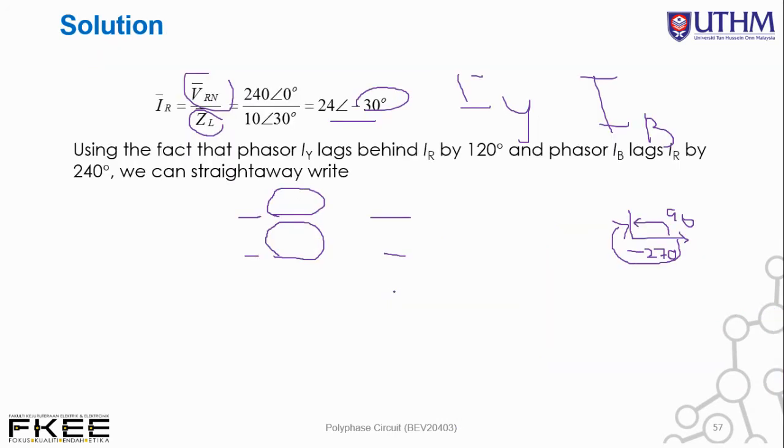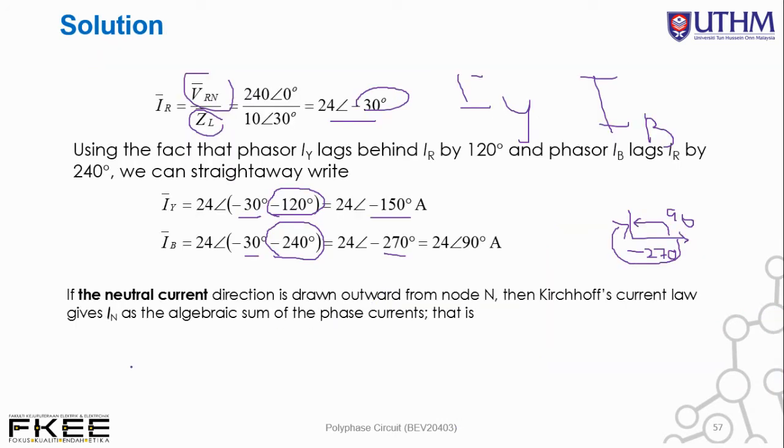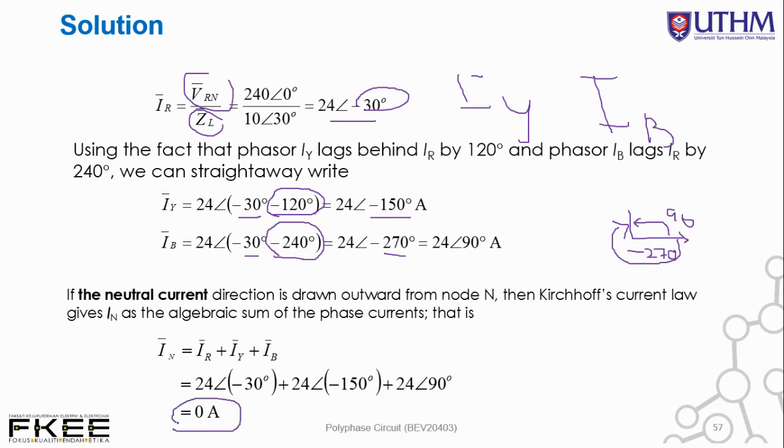So we apply it here, and we can calculate the summation of IN, which gives you 0 angle. This is what we mentioned earlier in this class, that for a balanced system the value of IN is equal to 0 because the currents are all balanced or equal.